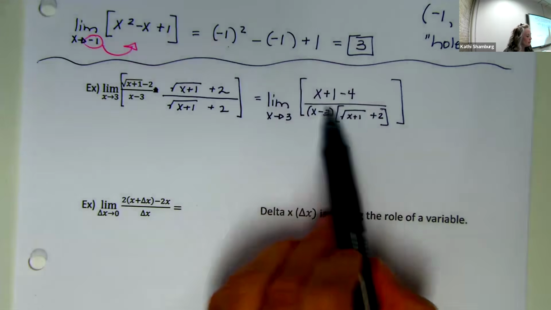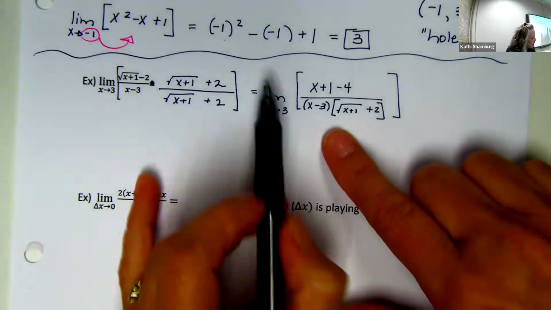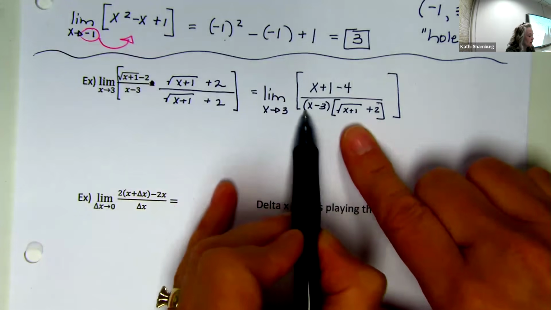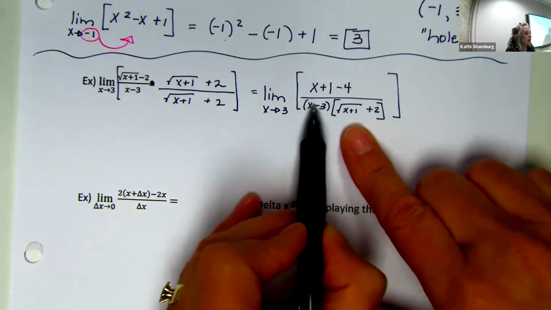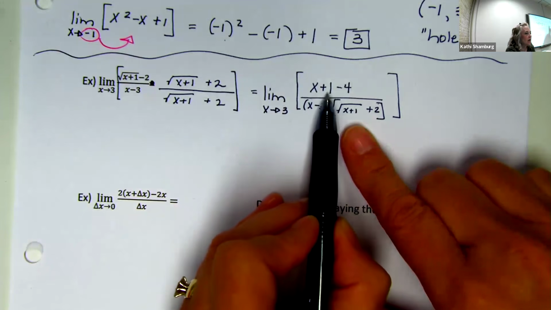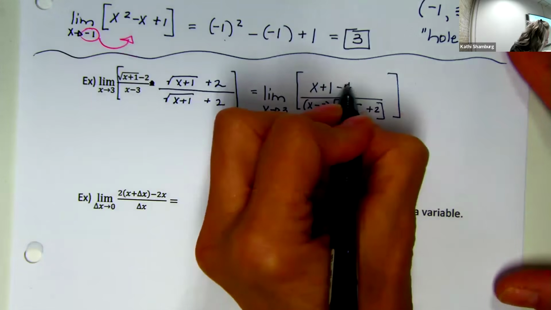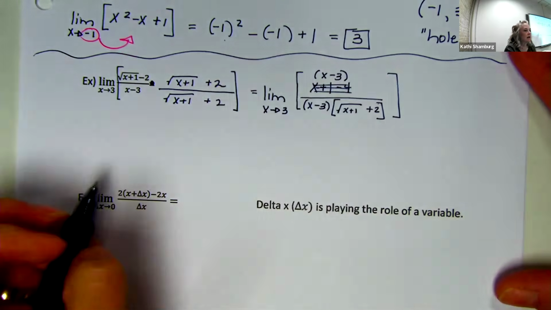All right, look in your numerator because I still want you to notice as x approaches 3, we still have this problem right here because this makes my denominator equal to 0. But look at what is 1 minus 4. So this simplifies to x minus 3, correct?